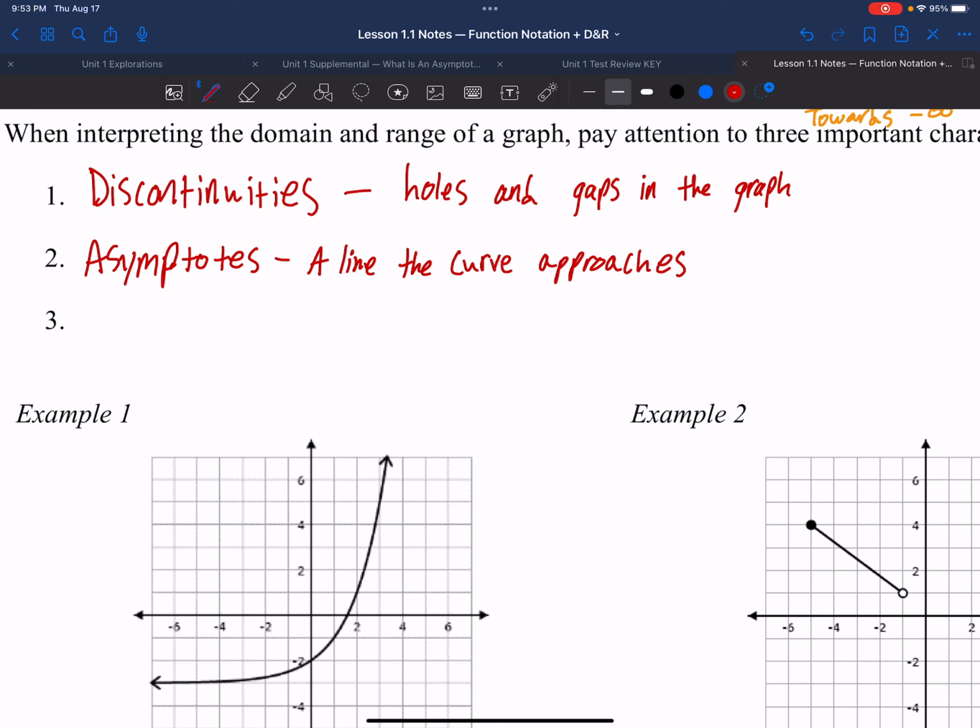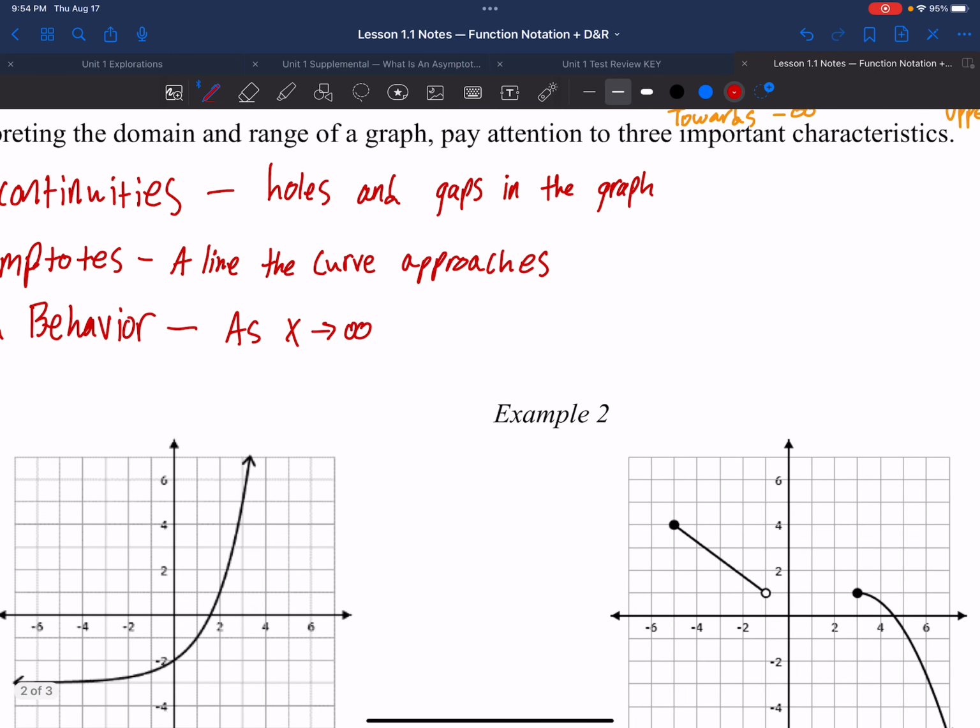And then the last one is end behavior. And so what is end behavior? Well, as x increases, so as x goes to positive infinity, where does y go? Does it approach a number? Does it go up to infinity, down to negative infinity?